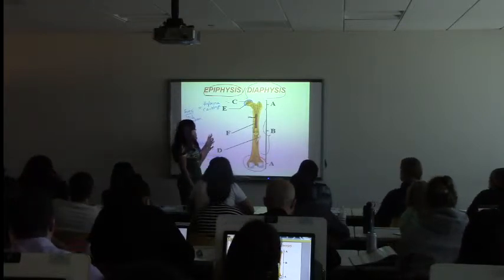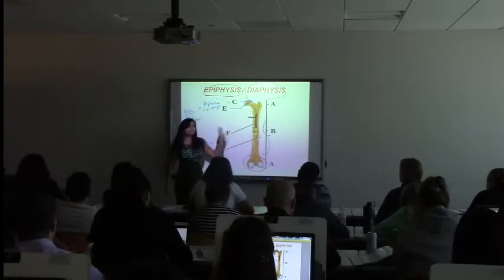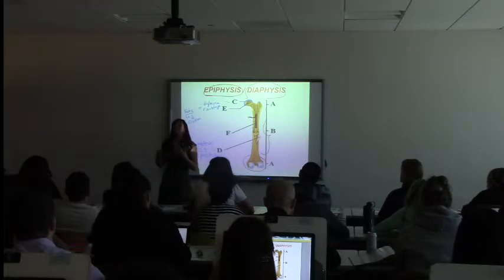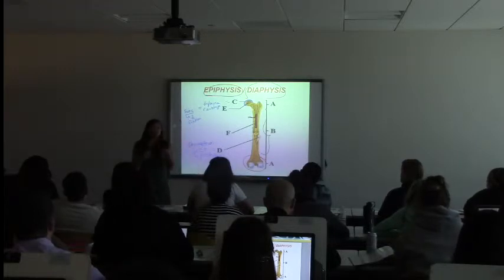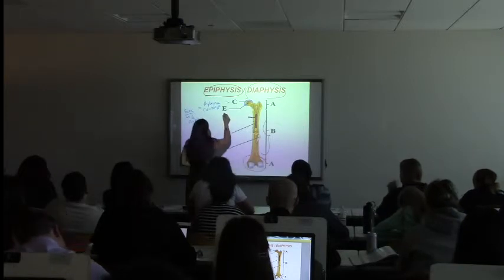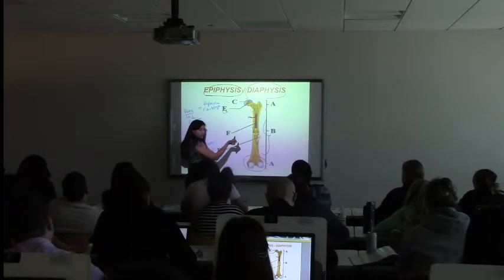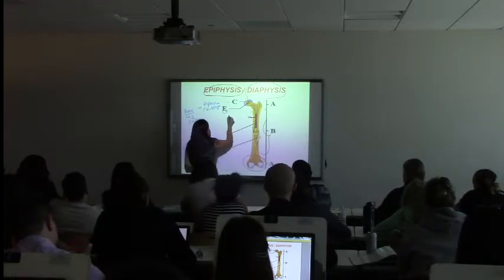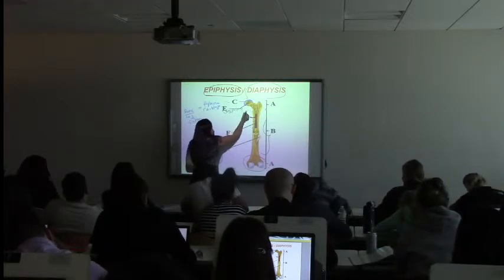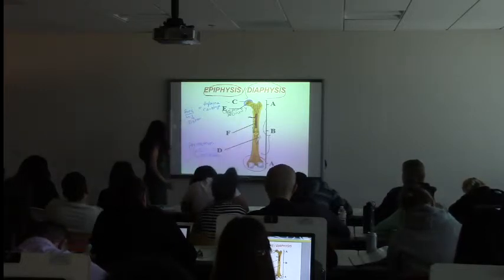Now, you see the other two letters, F and E. The epiphysis and the diaphysis have two different types of bone. Its composition of bone is different. E is spongy bone. Sorry, it's not lined up properly.